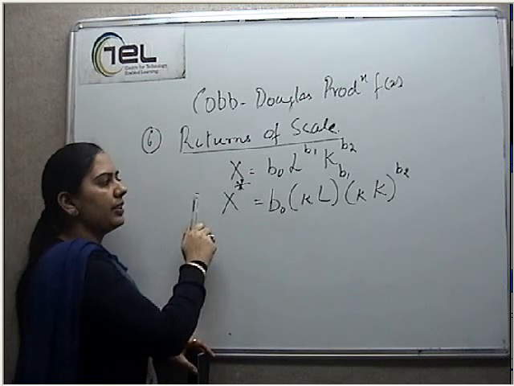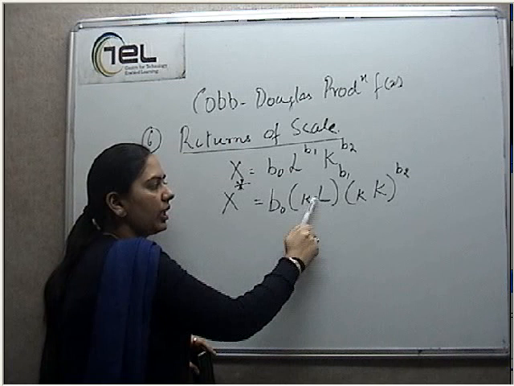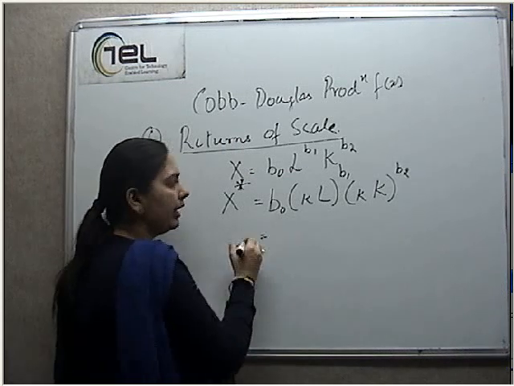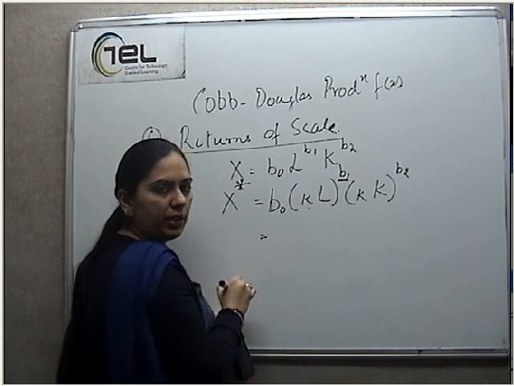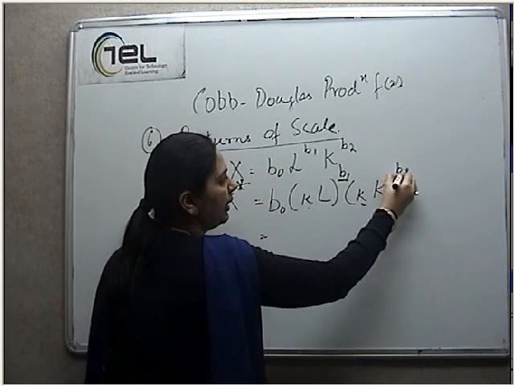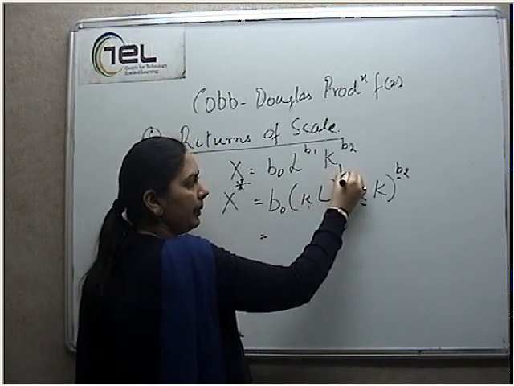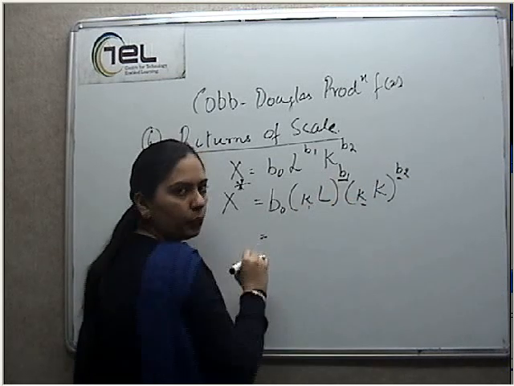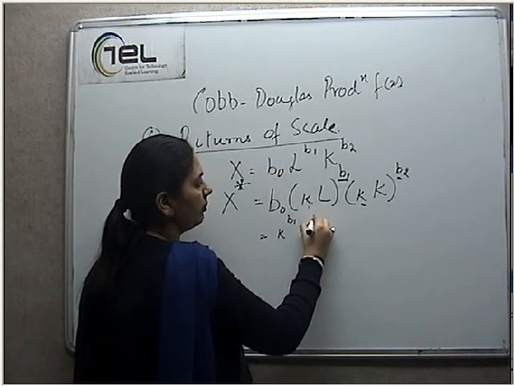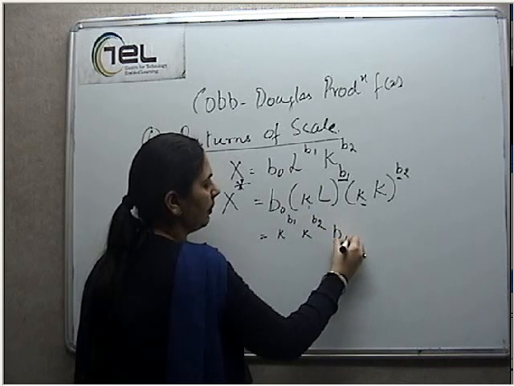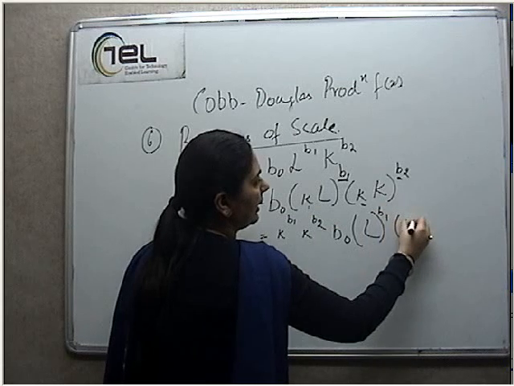Now I said if this is a homogeneous production function, we should be in a position to factor this small k out. Now when I factor it out or take it common, this small k will be having power of b1 here and power of b2 here. That means it will be k^b1 into k^b2, rest remains the same, b naught L^b1 and K^b2.